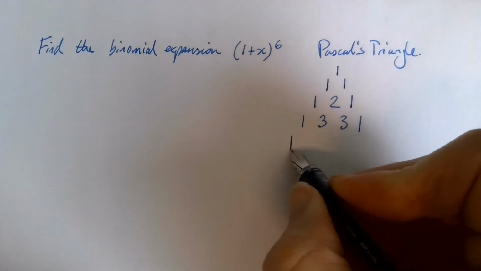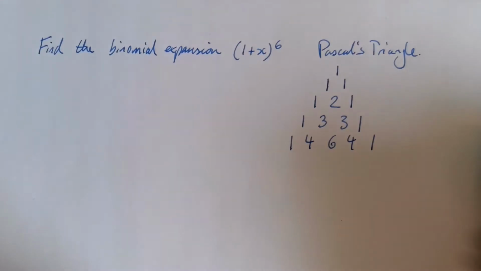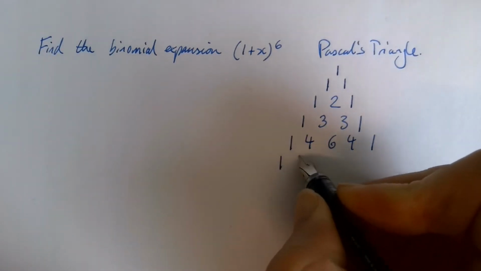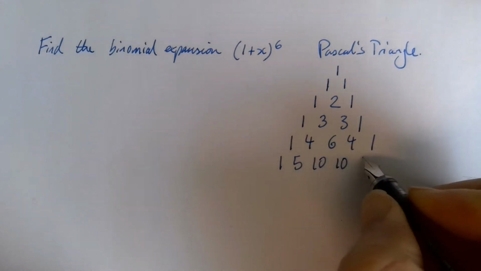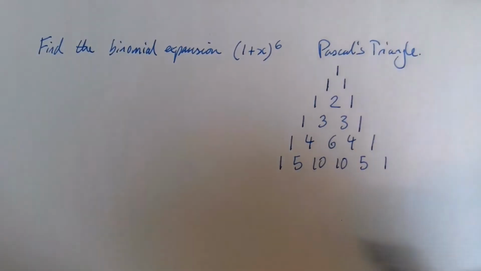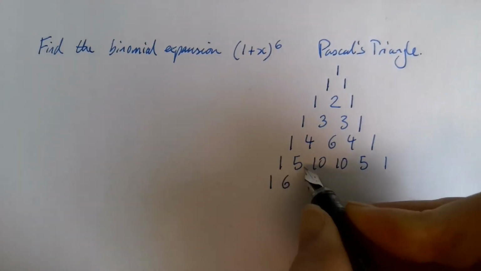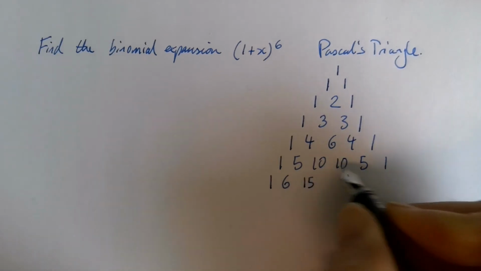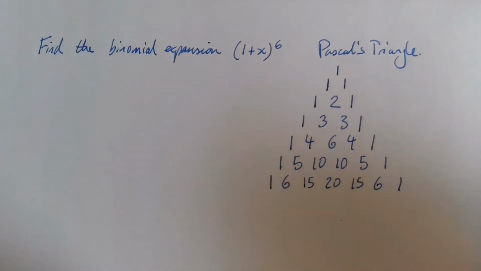Then we've got 1, 4, 6, 4, 1. Keeping on going, 1 plus 4 is 5, 4 and 6 is 10, 6 and 4 is 10, 4 and 1 is 5, and then we've got the 1 on the end. And then going one stage further, 1 and 6, 5 and 10 is 15, 10 and 10 is 20, 10 and 5 is 15, 5 and 1 is 6, and that is 1.